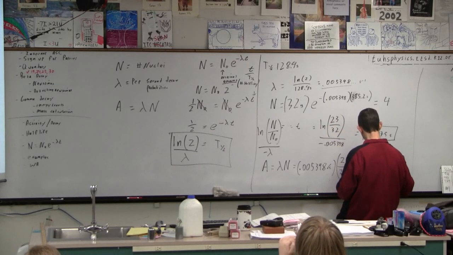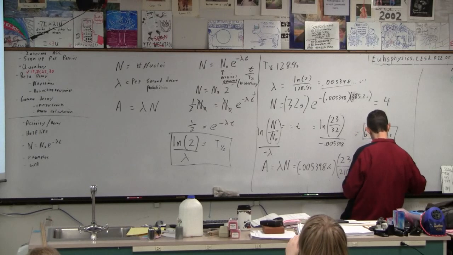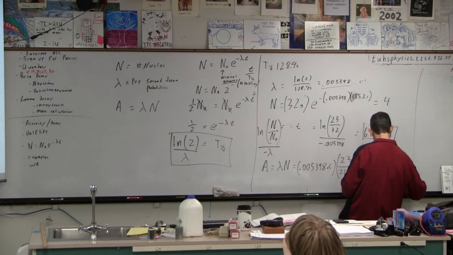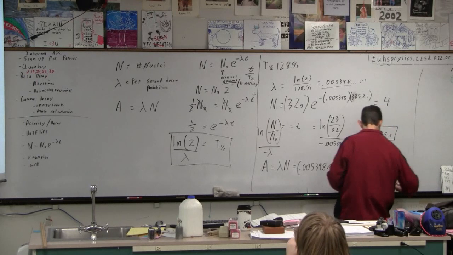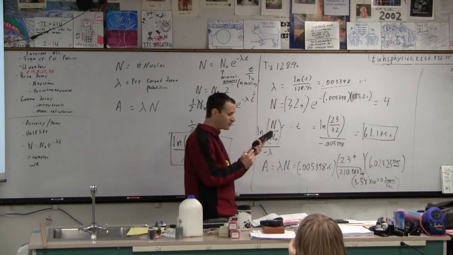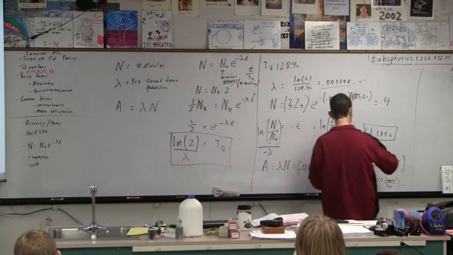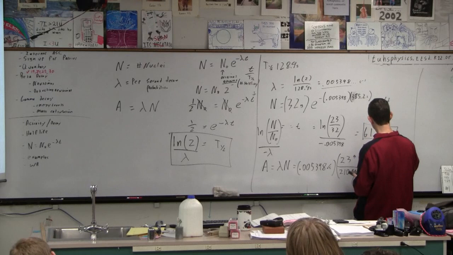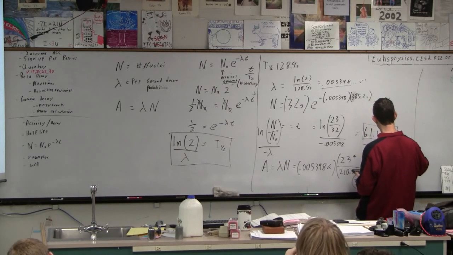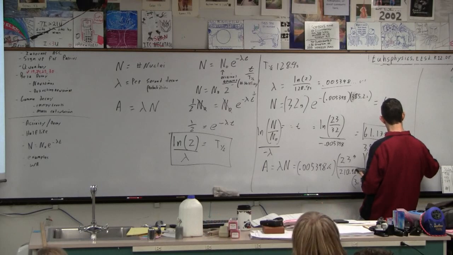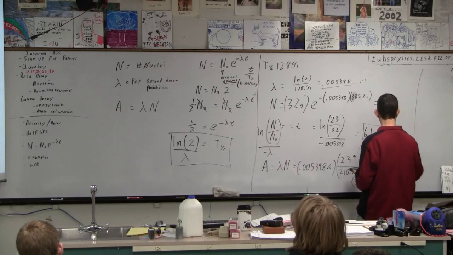3.54 times 10 to the 20th decays per second. Anybody else get that number? Yeah, I did. That's tremendous. Then the question is, how could you ever measure that much decay? And the answer is you couldn't, not directly. But you can get at it.